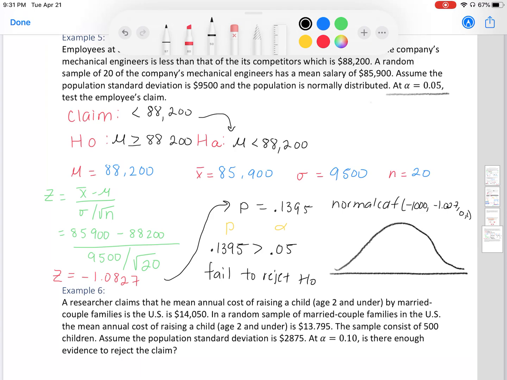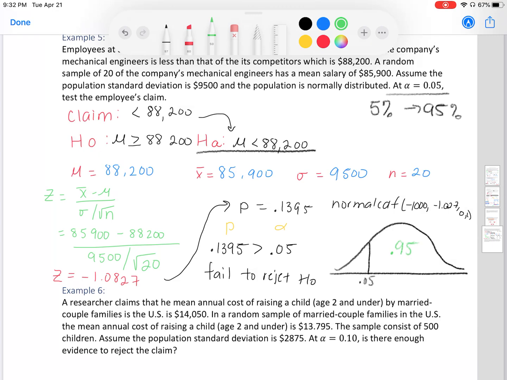So this alpha, if I change it to a percent, it's 5%. Therefore, the complement of that is 95. We're working with a tail of less than, so we want to find that 5% or 0.05, and that 95% or that 0.95, that's a safe zone.